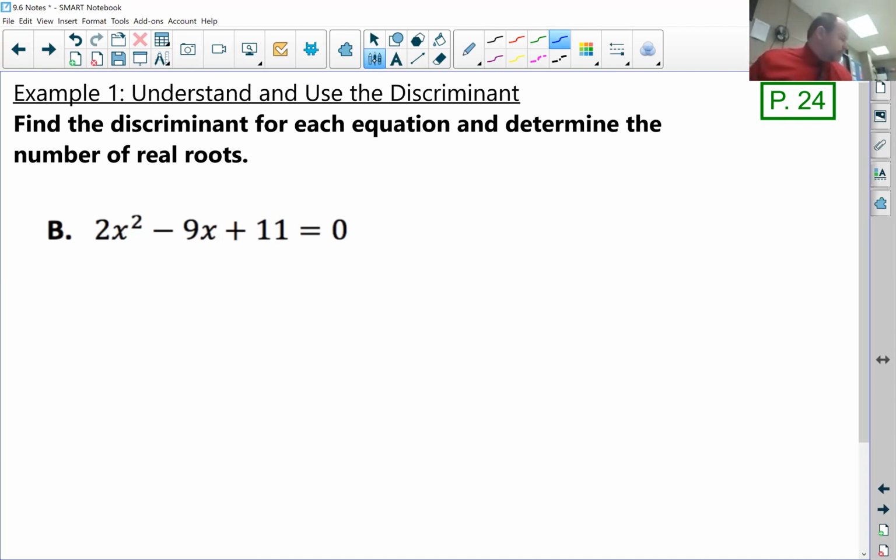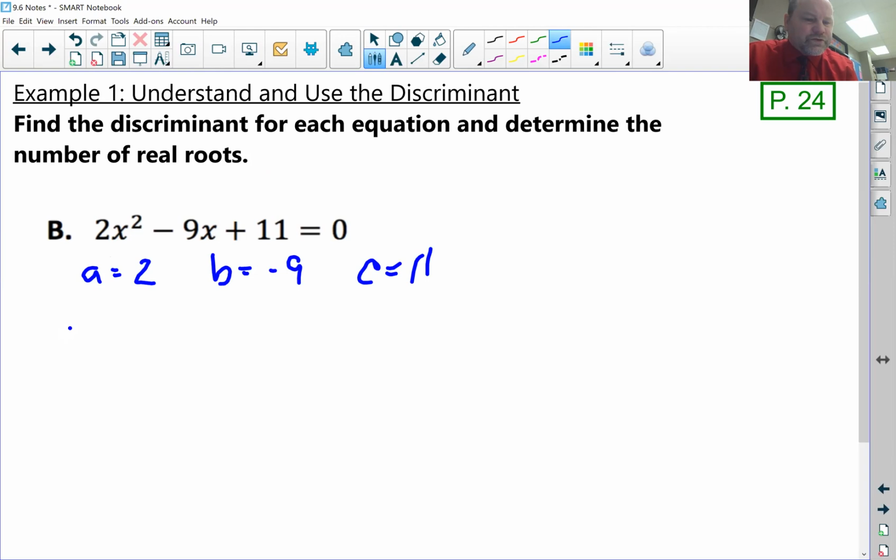Right. Another example here. So here we have A equals 2, B equals -9, C equals 11.